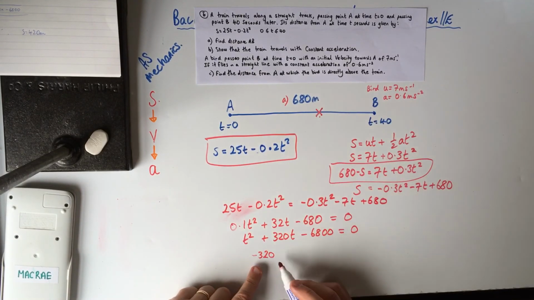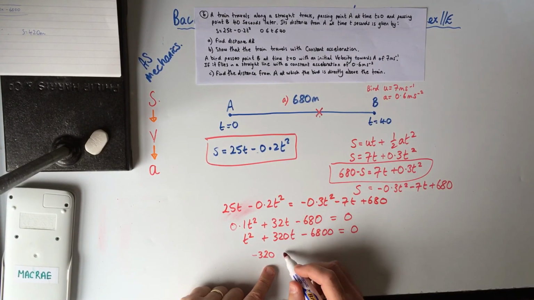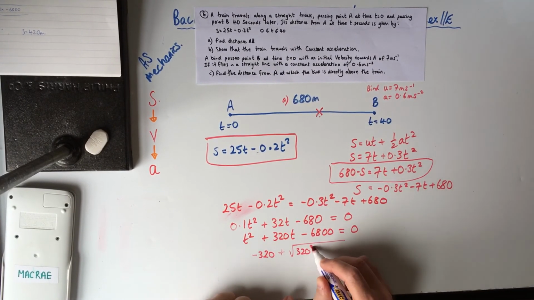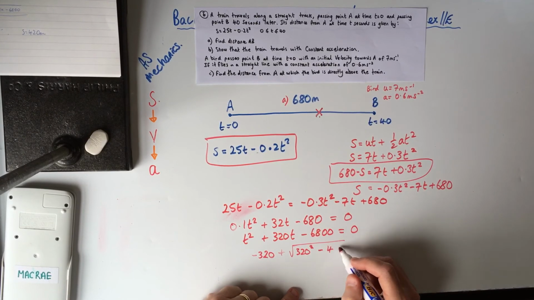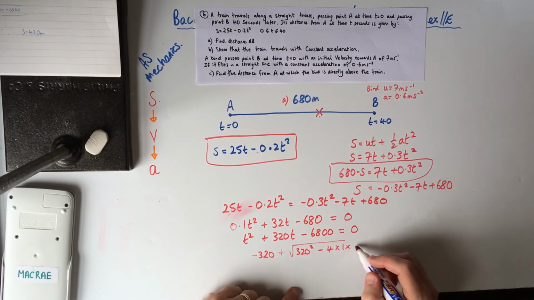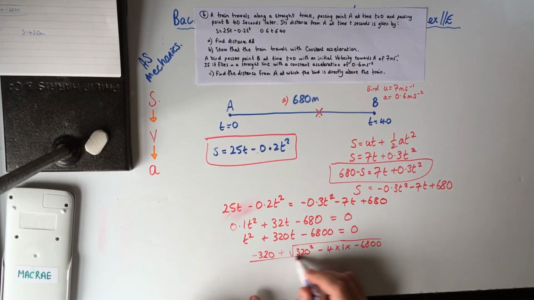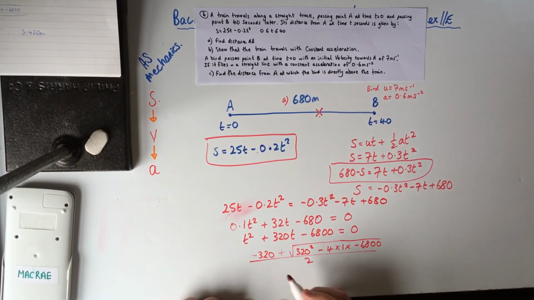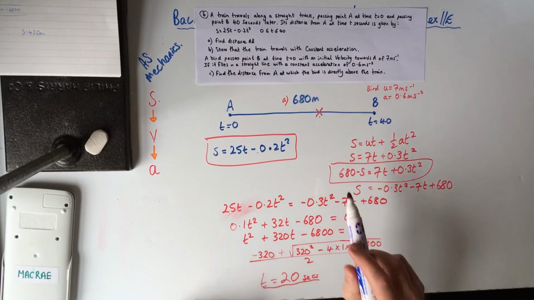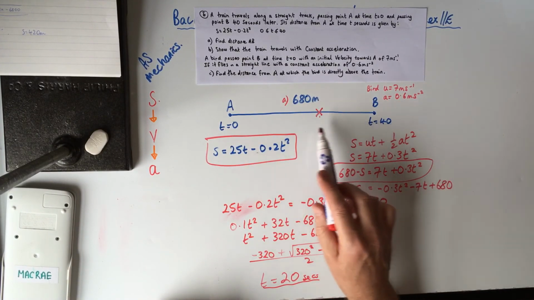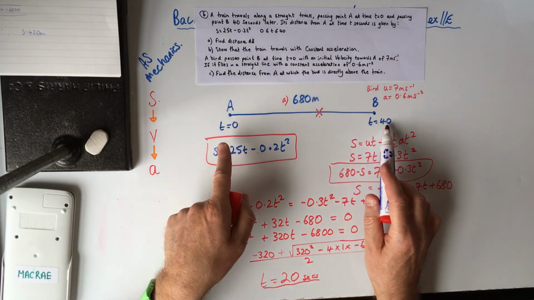So you only need to do minus b plus the square root of b squared, 320 squared, minus 4 times 1 times minus 6800, and you've got your minus and minus, so that's plus all of that, all over 2a. If you did that, and I did it before, you get a time of 20 seconds, which means train and bird meet here after 20 seconds.